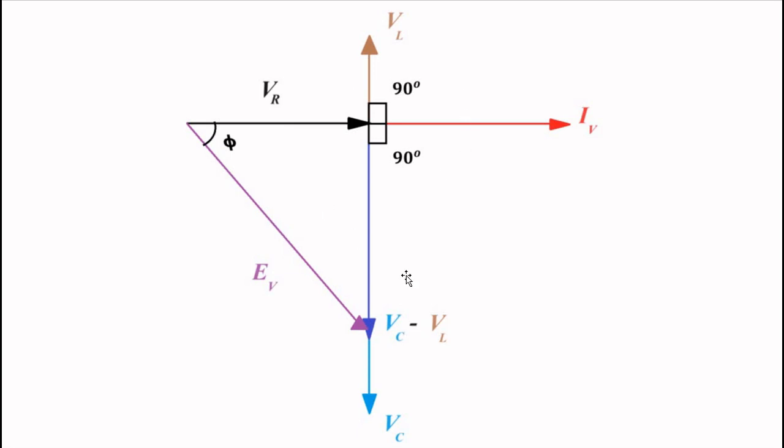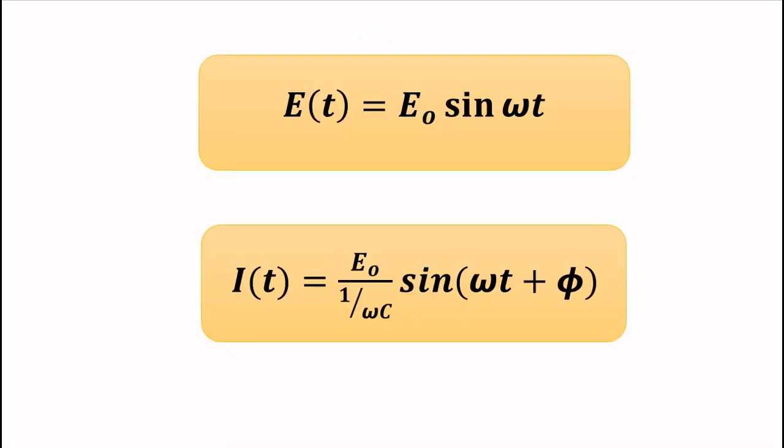This is the voltage triangle, and the phase angle between the net resultant voltage and the current is between 0 and 90 degrees, and the current leads the voltage by this angle. So this is the behavior of an RC circuit, where current leads the voltage by some angle between 0 and 90 degrees.